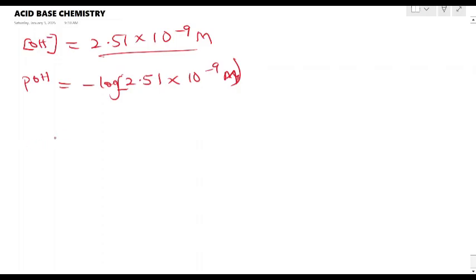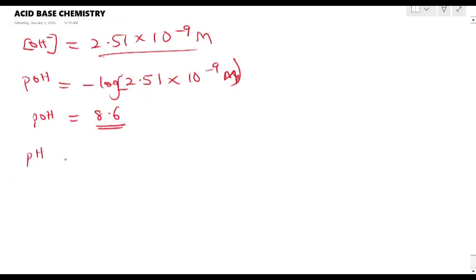Now, if you take the antilog of this, we have pOH is equal to 8.6.